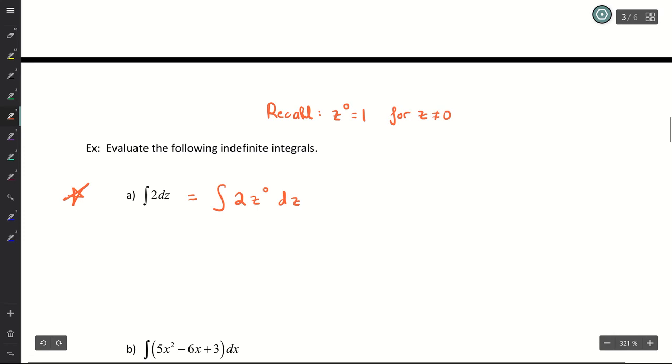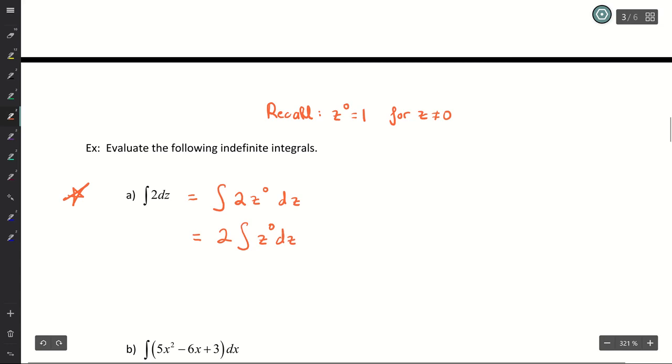All right, so on this particular problem, the constant 2 doesn't have a variable with it. Well, I don't know how to integrate a constant just by itself, but I do know how to integrate a power. And then at this particular point, there's the rule that says if you have a constant multiplied by some power, then you can pull that constant to the front and then just integrate the power.